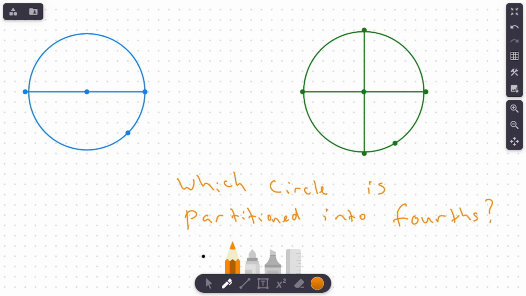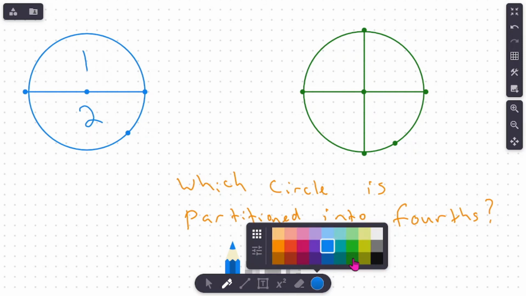All right, so take a look at it. Which circle is partitioned into fourths? Let's start with the blue circle. How many equal sections was this blue circle partitioned into? How many did you get? Let's look. I get 1, 2. So I get 2 sections for the blue circle.